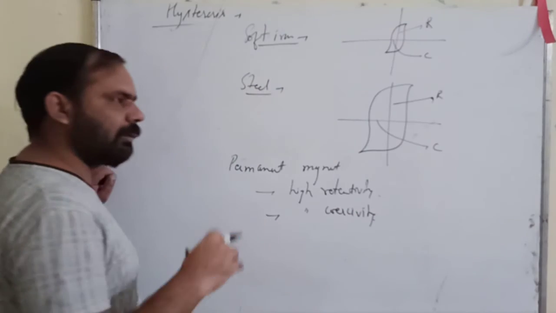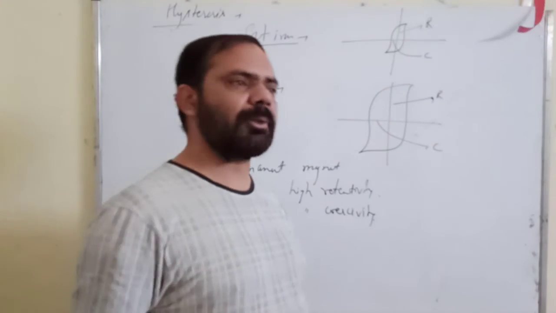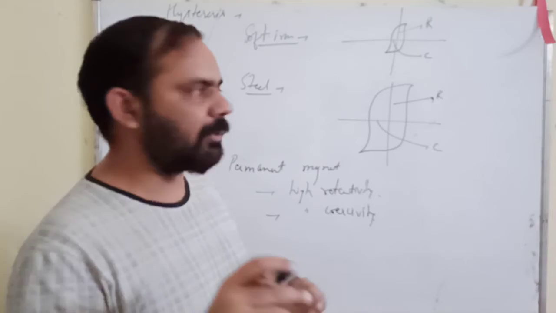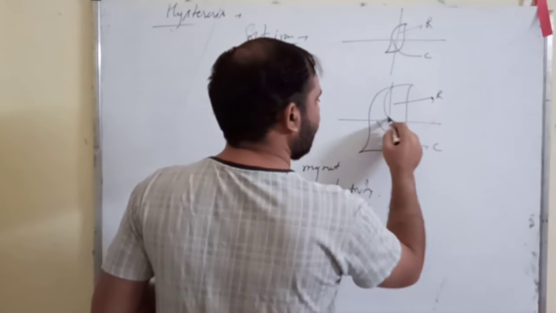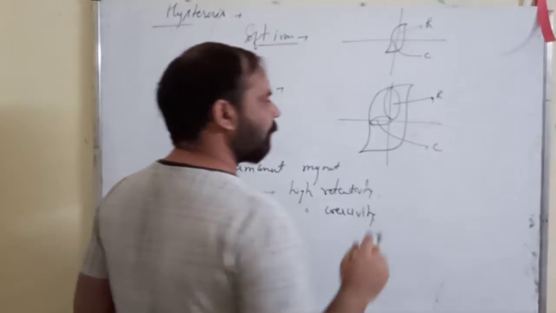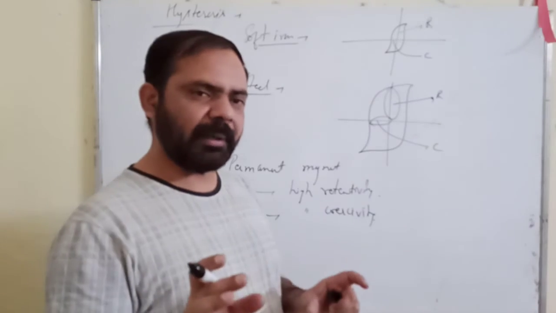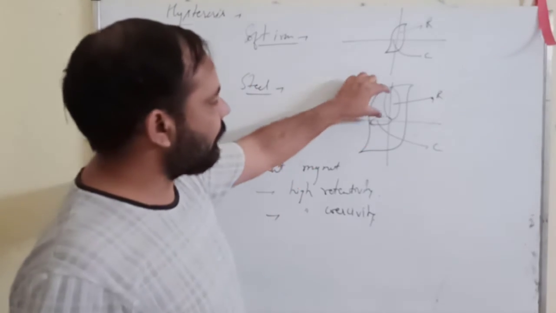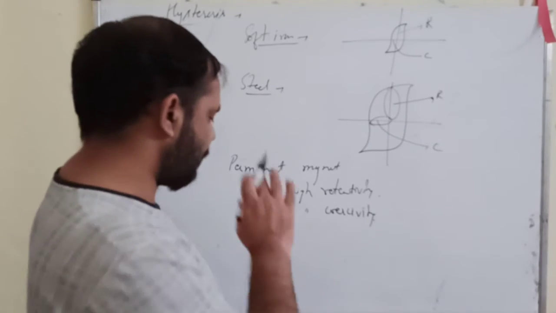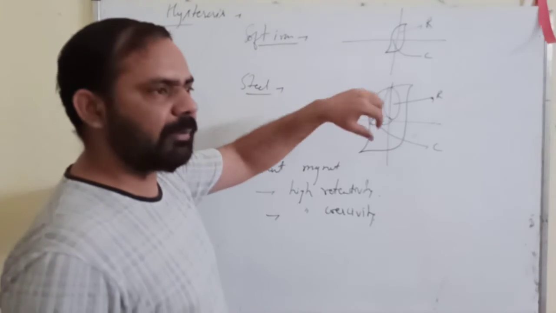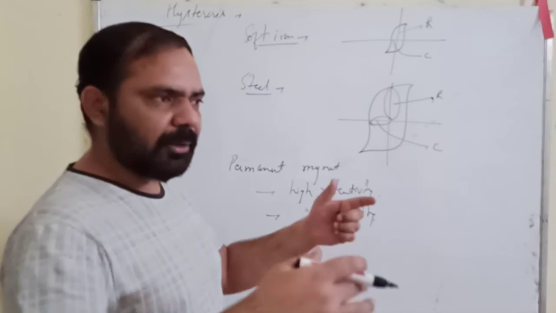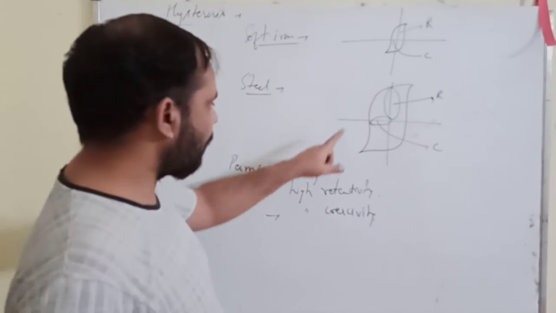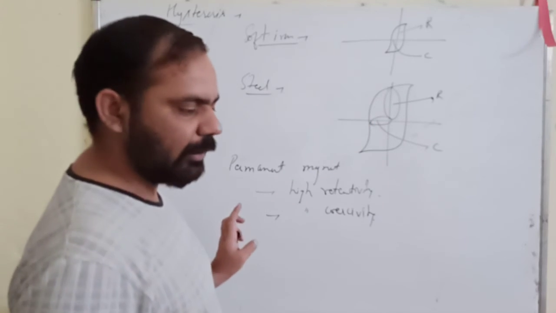So what we will do is make the hysteresis loop of different materials, and select the particular material for which this length is more and this length is more. We will use that material to make a permanent magnet, which has these two lengths, the retentivity and coercivity, lengthier on the graph.